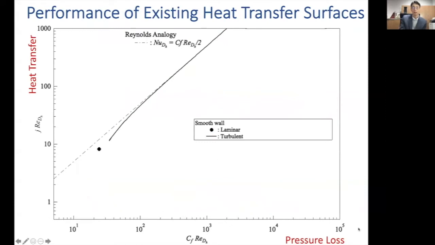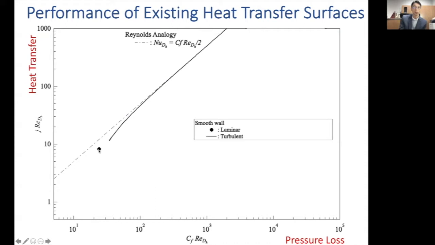The horizontal axis is the dimensionless pressure loss, actually Cf times the Reynolds number in this case. And the vertical axis is the Colburn j factor, which is similar to the Stanton number, times the Reynolds number. So the horizontal axis corresponds to pressure loss, and the vertical axis corresponds to heat transfer.